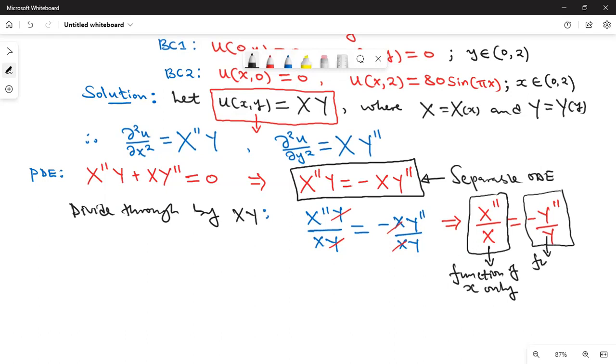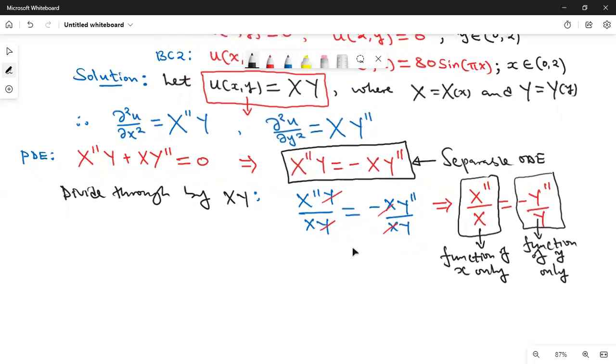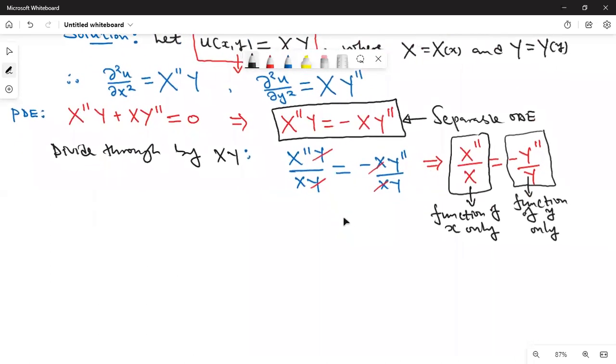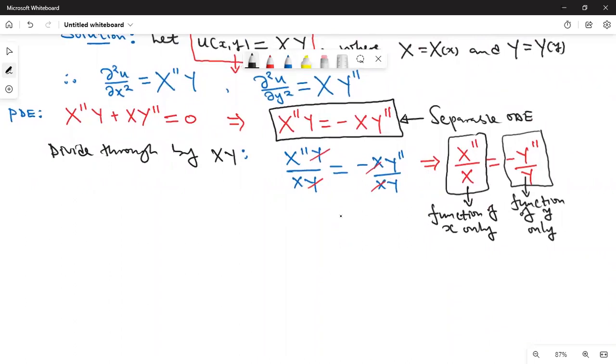So this is a function of y only. And we are saying the left-hand side is equal to the right-hand side. For that to be true, each side must be equal to a constant k. K here is a real constant.